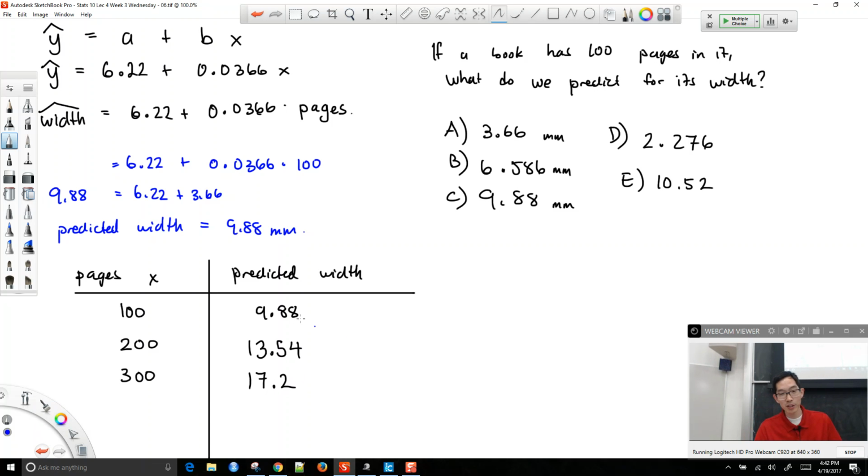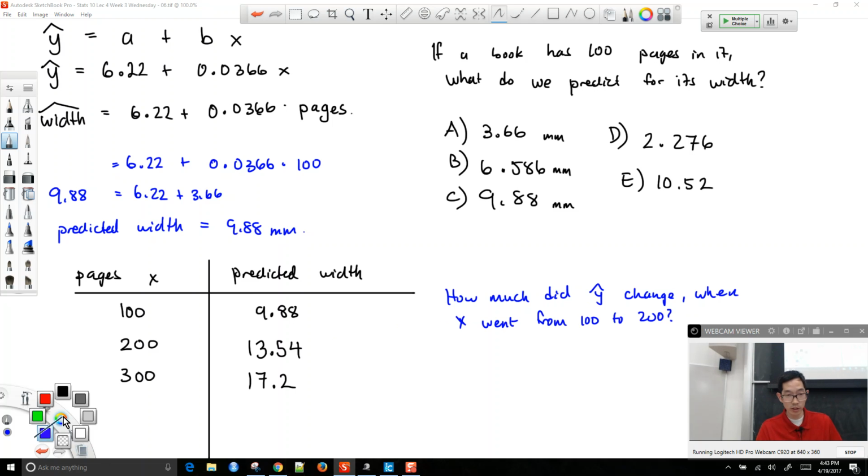How much did the predicted width change when we went from 100 to 200 pages? How much did y hat change when x went from 100 to 200? It increased by 3.66.